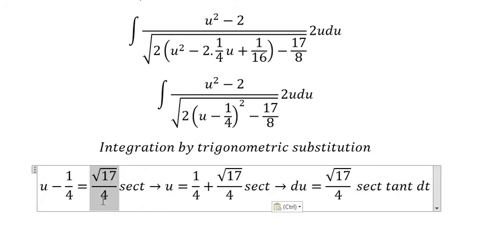Why do we need to have the square root of number 17 over 4 secant of t? Because I want to do factorization of 17 over 8 after we put power 2 in here, and we got secant of t squared minus number 1 in here.